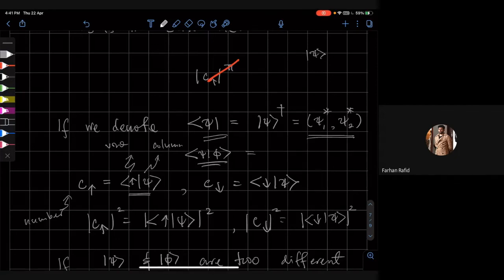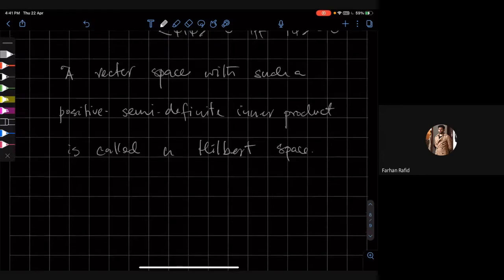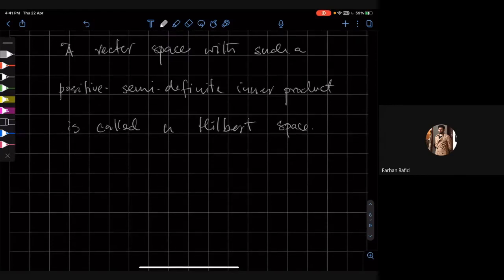You take this and you transpose it, and then you take the complex conjugate, and that is what I called psi dagger, and that gives you this thing. Okay. Yes, sir, got it. Good. Very good. Thank you. Okay, so this is called a Hilbert space.